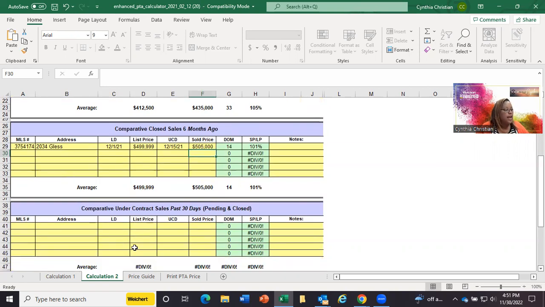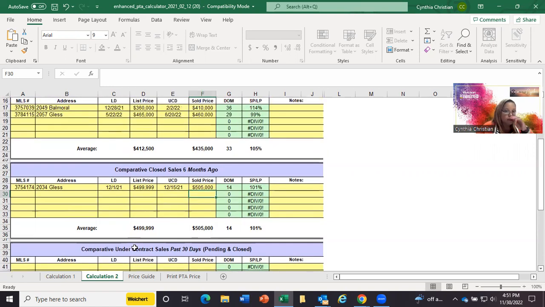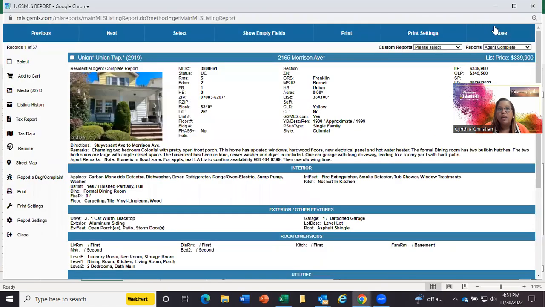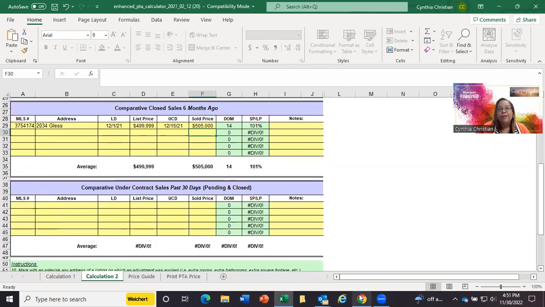So now we're going to put in some under contracts. And I put my under contracts on the water cooler and I left them over there. So let's just go pull up a couple of under contracts right now, because hey, things happen, right? What do I always say?